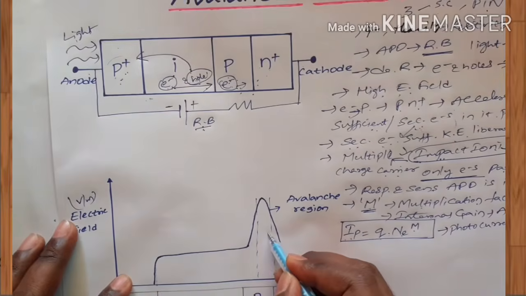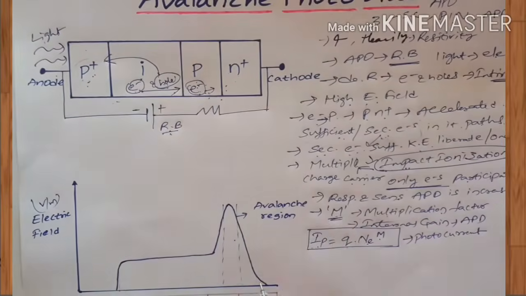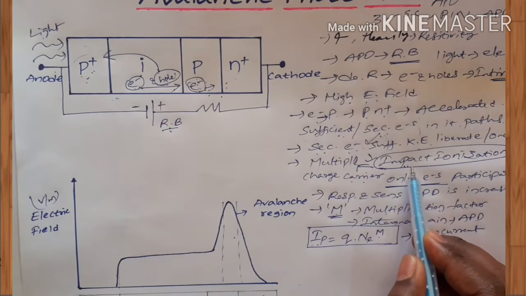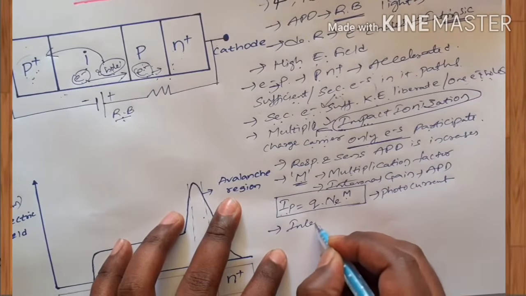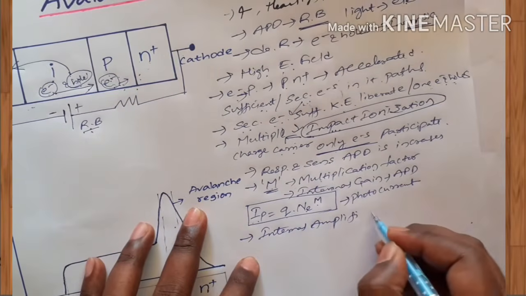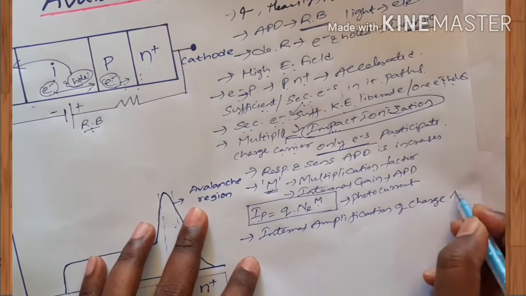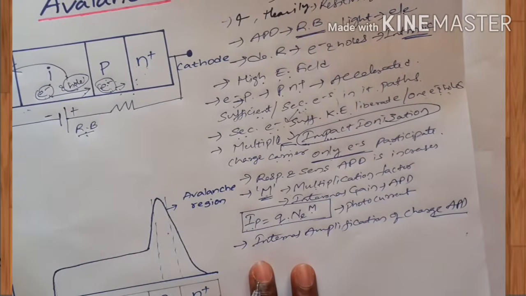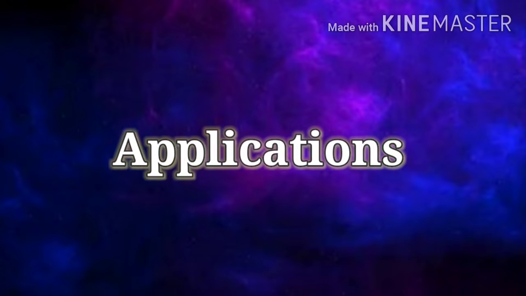Because of this very high electric field, the electrons are accelerated, and because of this acceleration impact ionization happens, and due to that multiplication of the charge carriers and internal amplification of charge carriers happens in the avalanche photodiode. So this property is limited to only the avalanche photodiode. This property is not seen in the pin diode.